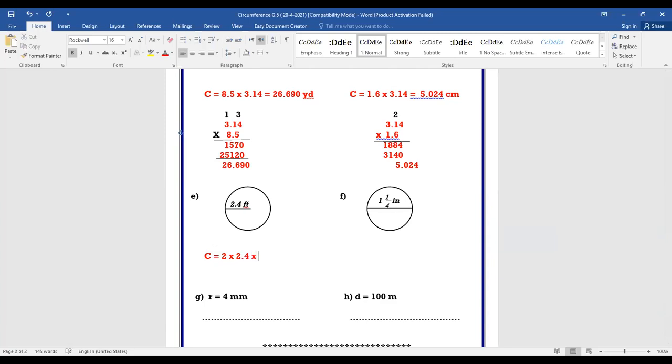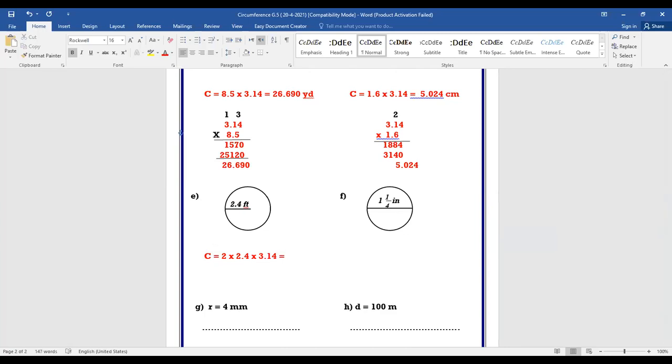So 2 multiplied by 2.4 is 4.8. Then multiply 4.8 by 3.14. Okay, one second, please.